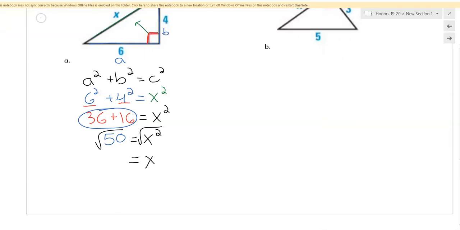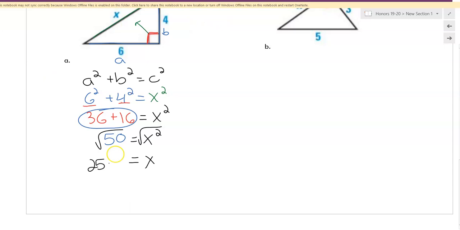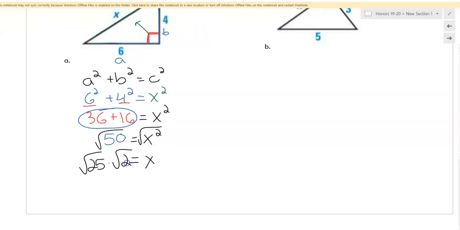So that means I can write the square root of 50 as the square root of 25 times the square root of 2, because 25 times 2 gives me 50. Then the square root of 25 is 5, and then I'm left with square root 2.